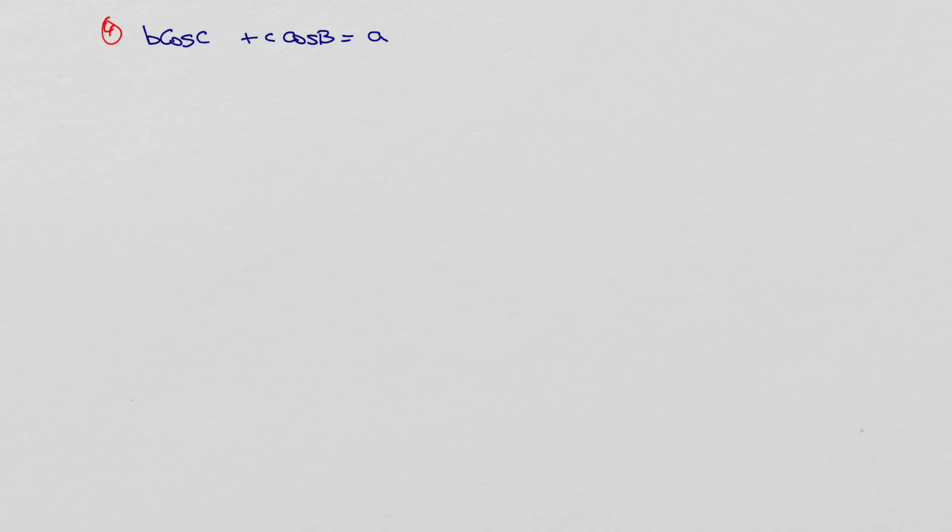So this one is a little bit different because it's b cos c plus c cos b equals a. For this one, we're going to use the cosine rule, and the cosine rule is page 16 in your maths tables. In other words, a squared is equal to b squared plus c squared minus 2bc cos A. So here we have cos c and cos b, right?